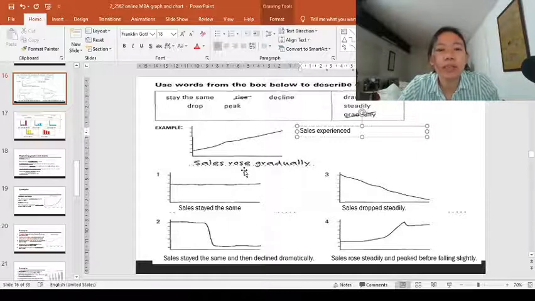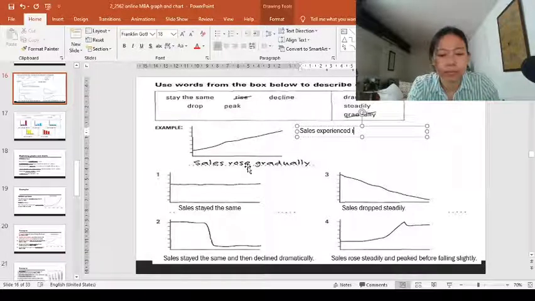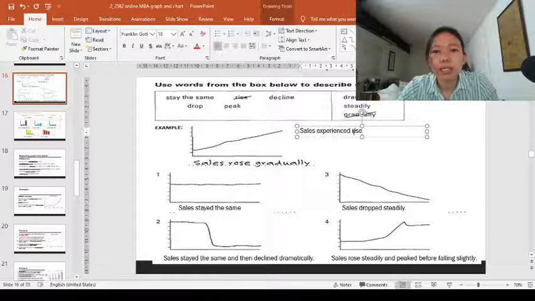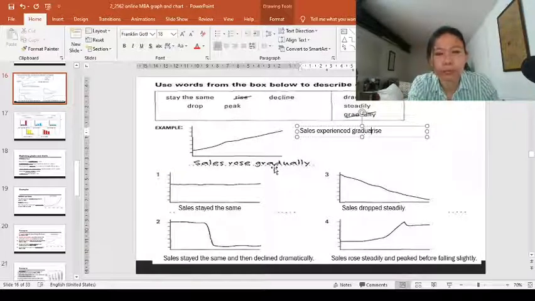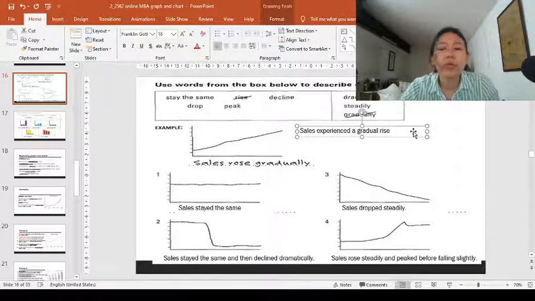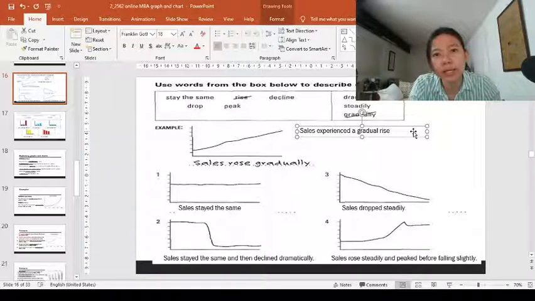You can change rose here into a noun, right? And then we can change gradually from an adverb into an adjective to modify the noun. Don't forget an article. So you can change the subject, verb, and adverb into a noun phrase by saying sales experience a gradual rise.